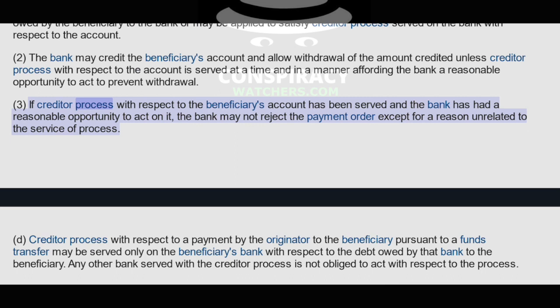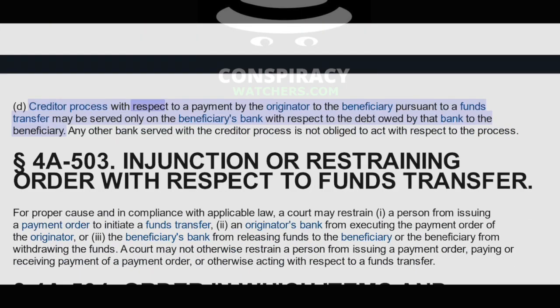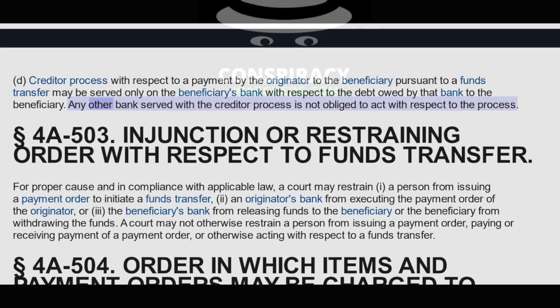If creditor process with respect to the beneficiary's account has been served and the bank has had a reasonable opportunity to act on it, the bank may not reject the payment order except for a reason unrelated to the service of process. Creditor process with respect to a payment by the originator to the beneficiary pursuant to a funds transfer may be served only on the beneficiary's bank with respect to the debt owed by that bank to the beneficiary. Any other bank served with the creditor process is not obliged to act with respect to the process.